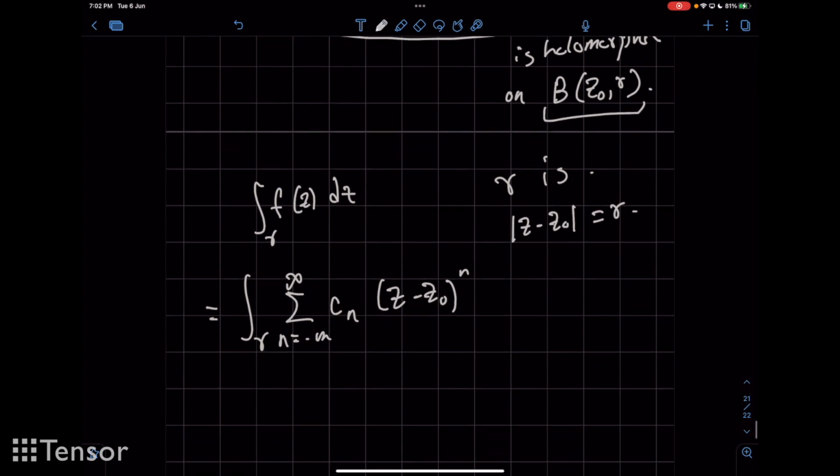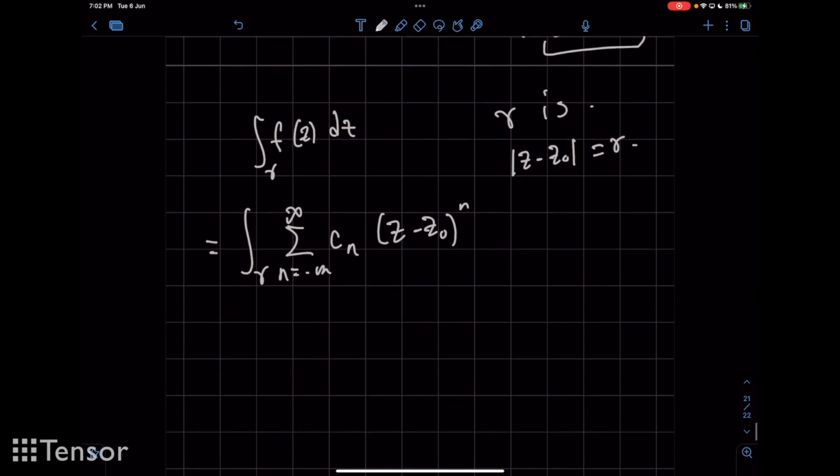For now, let us assume that we can swap this integral and sum. We are not justifying why we can swap them, but let's suppose we can. Since Cn is a constant, we can bring Cn outside of the integral, and we have (z - z0)^n dz over gamma.